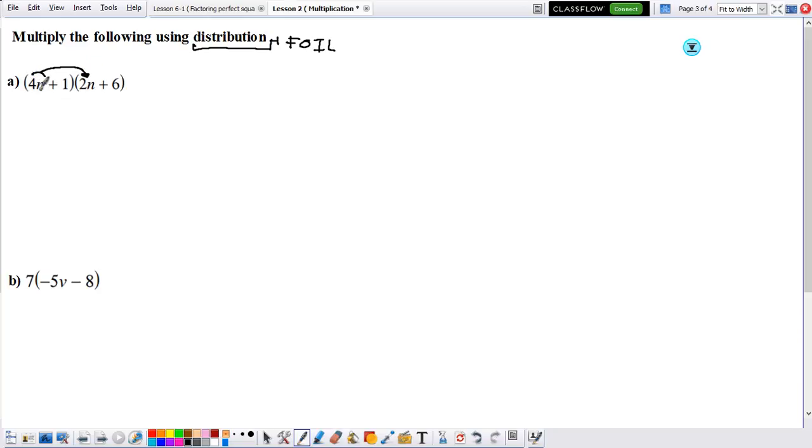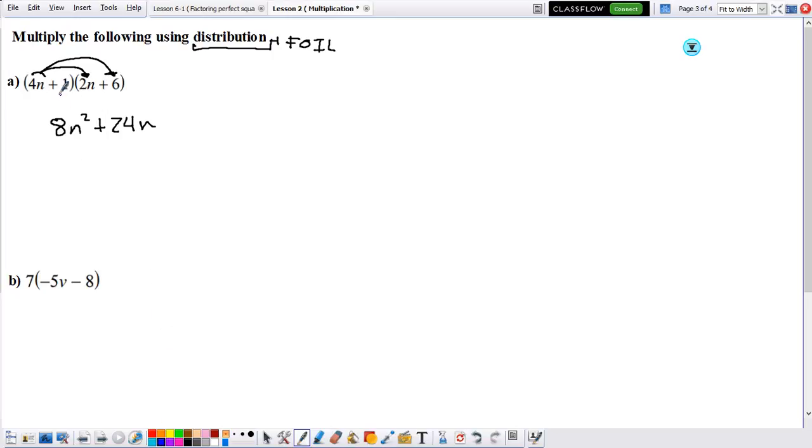So we multiply 4n times 2n, and if we do that correctly, we have 8n squared. Then 4n times 6: 4 times 6 gives us 24, and there's nothing to multiply, so the n just carries on. We're done distributing the first term.